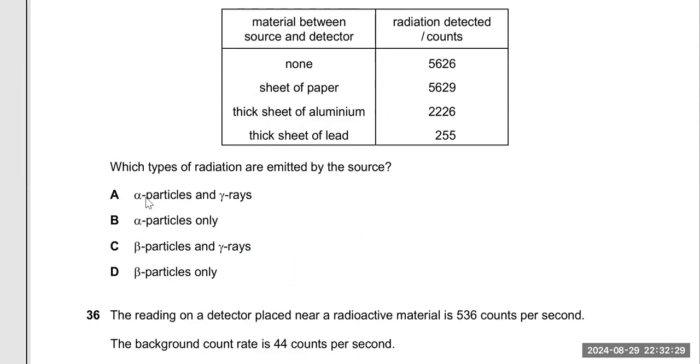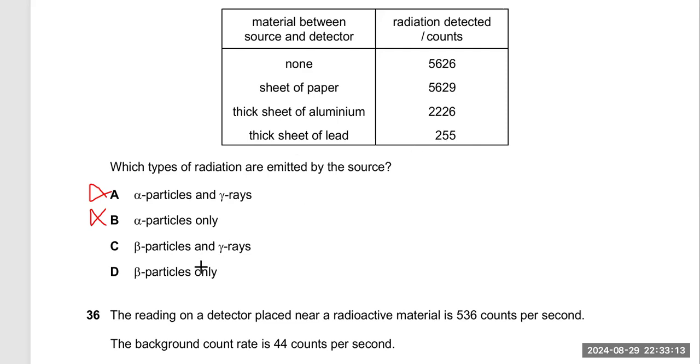I have already told you that if you choose alpha particle, it will be wrong. The reason is that when you place a sheet of paper, the detector again detects the radiation. It means the source is not emitting alpha particles, so we have only two options. If you look at option D, beta particles only, beta particles cannot pass through the thin sheet of lead, but the detector is still detecting 255.